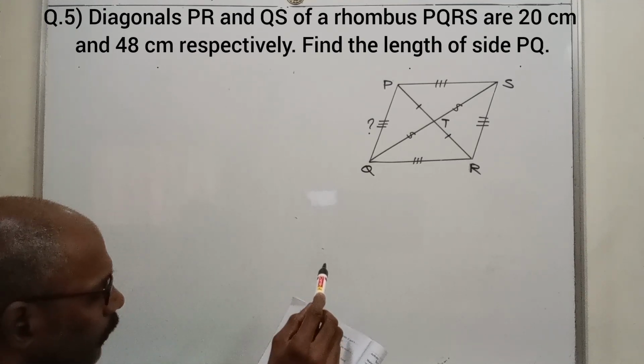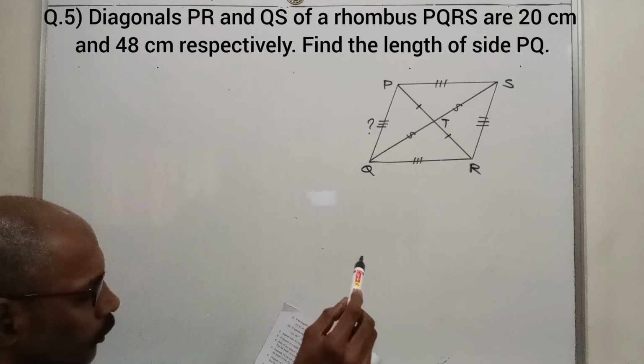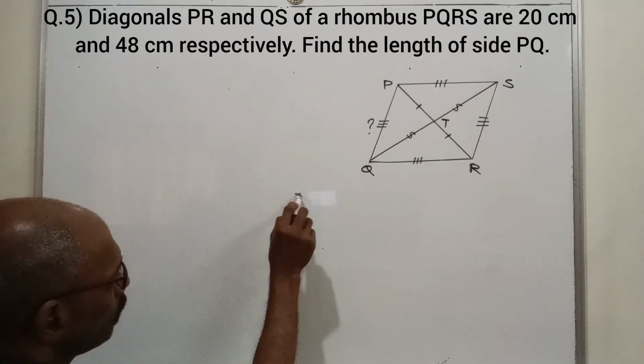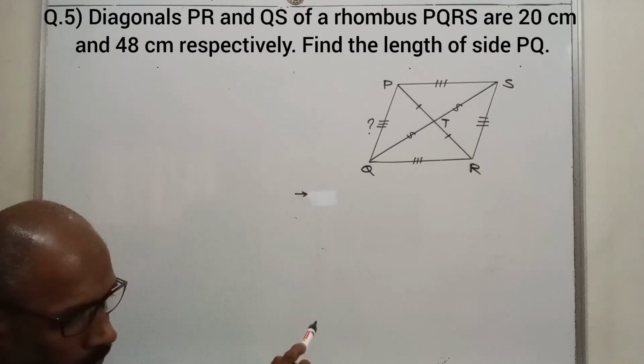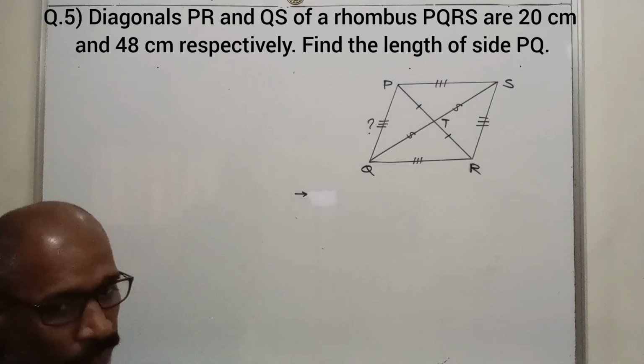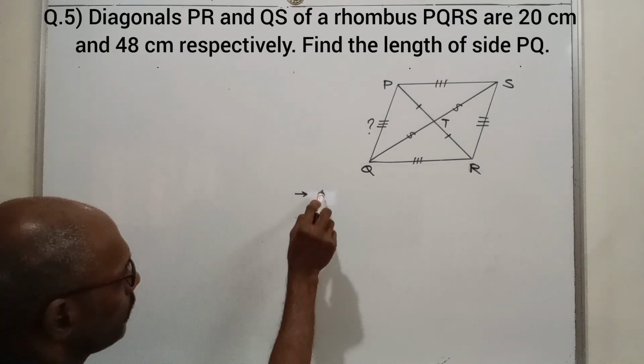Diagonals PR and QS of a rhombus PQRS are 20 centimeter and 48 centimeter respectively. Now we know the characteristic of diagonals of a rhombus.